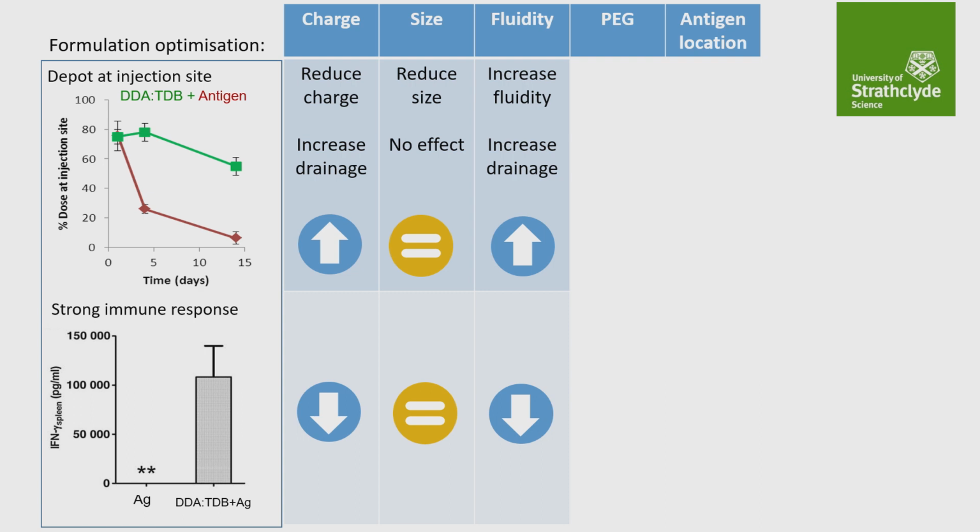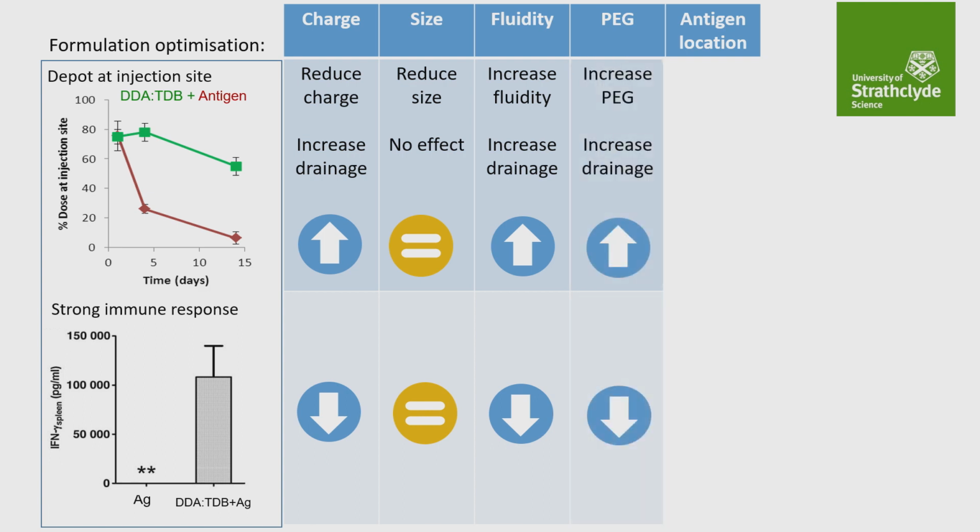We also looked at fluidity. So I mentioned these are quite hard in nature. Their transition temperature is quite high. So we took in some lipids that brought down the transition temperature, increased fluidity. It helps the liposome move, but again, we saw a reduction in immune response. Other ways to make these liposomes move, we can hide the cationic charge through pegylation, which is well known to mask a charge.